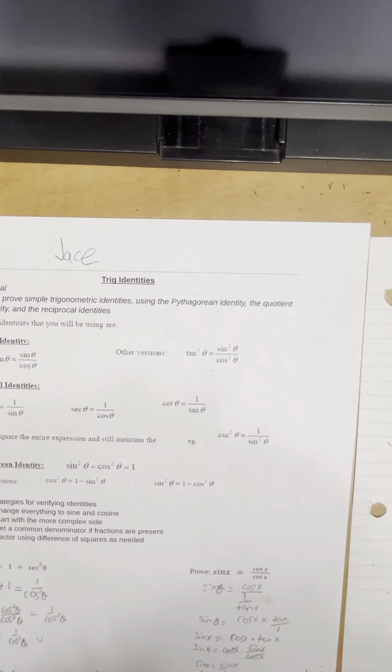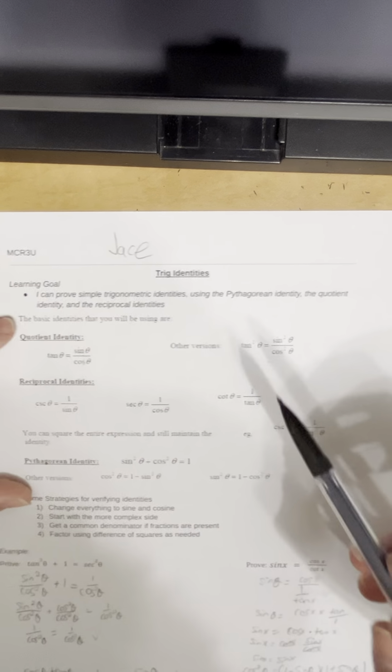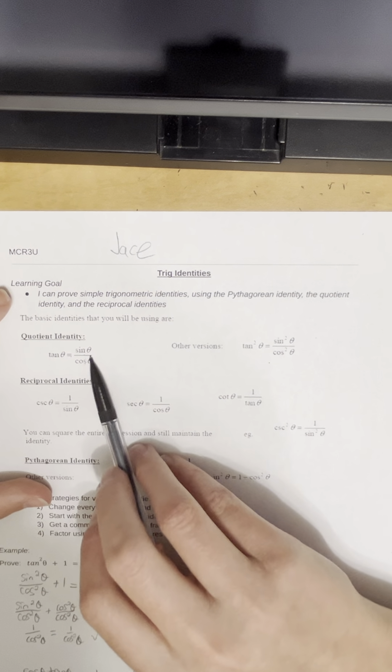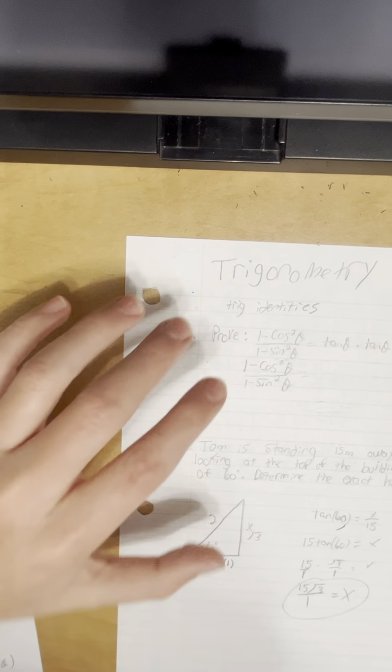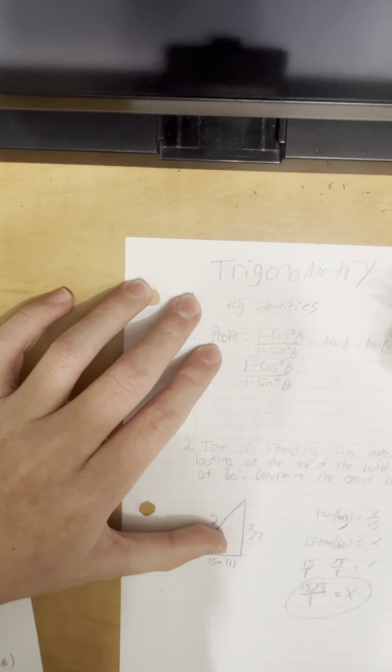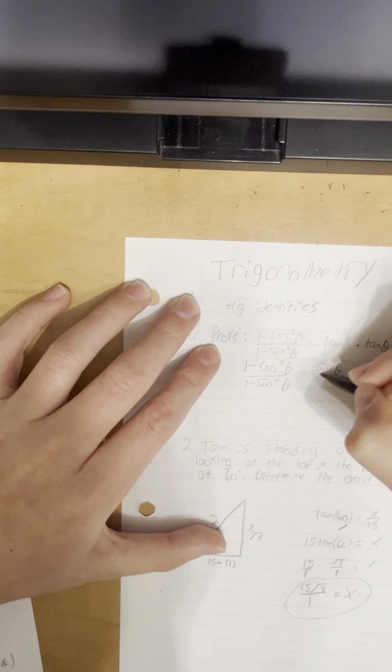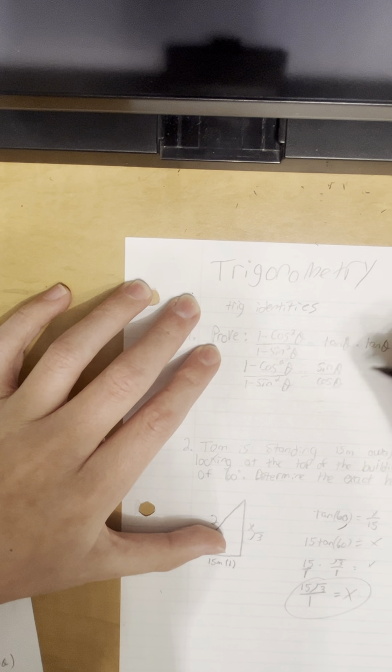So if we look on our worksheet, tan theta equals sine theta over cos theta. We want to get everything to sine or cos because then it makes it a lot easier. So tan theta is equal to sine theta over cos theta, and then tan theta again, which is sine theta over cos theta.